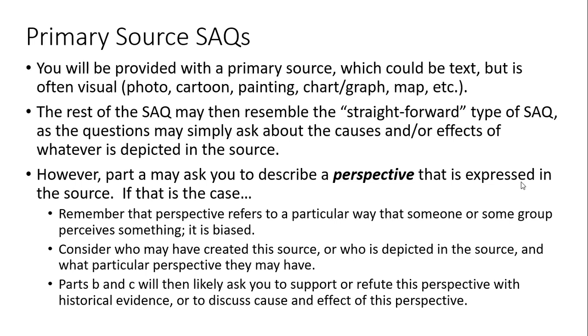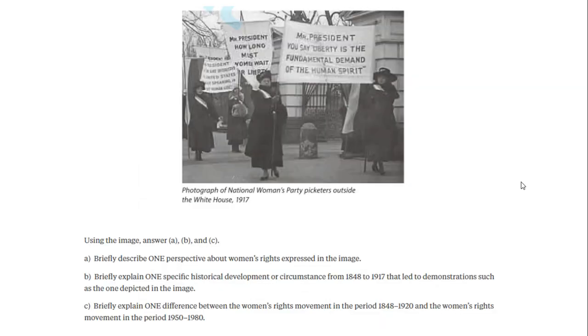Or maybe something that counters their perspective. Or parts B and C may ask for cause and effect. What happened that may have caused them to have this perspective? Or what might be the effect of this perspective on history? Okay? I'll give you an example of that one.